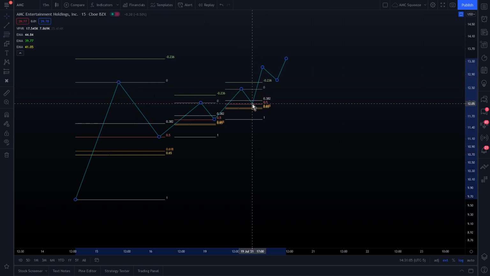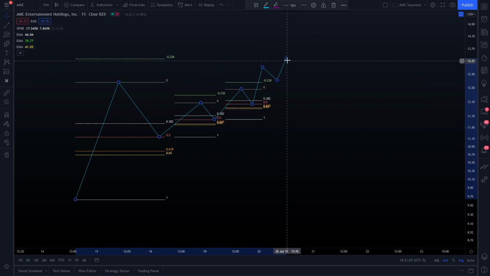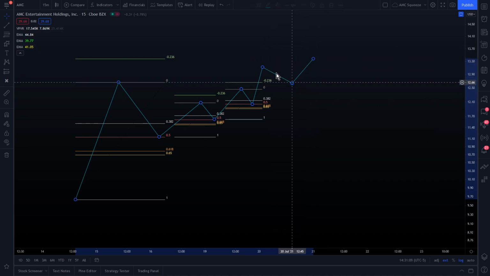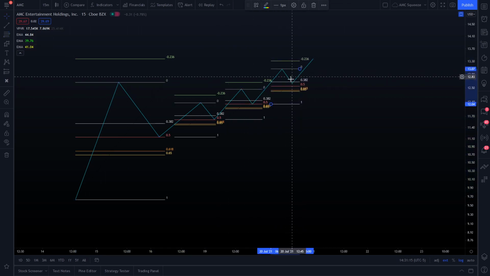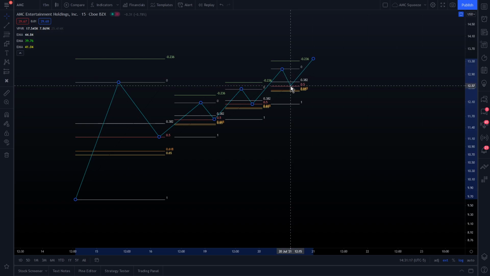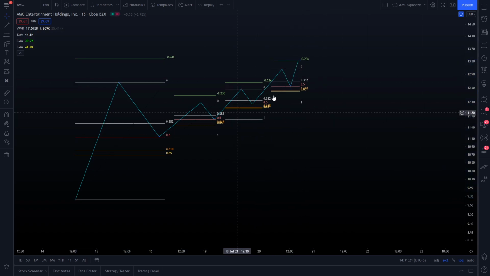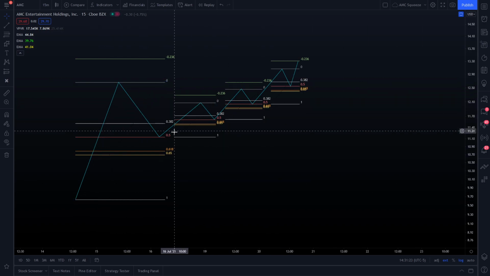I'm just going to clean this up a bit. Right there. Okay. Now you can see that you have this larger move, and then you have these smaller moves that make up the bigger one.